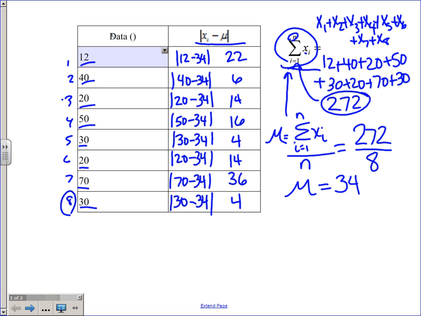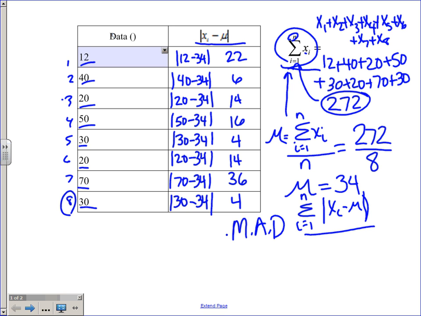Great. So now, in order to calculate my mean absolute deviation, the formula we had is we would be taking the summation from i equals 1 to n of the absolute value of my data point minus my average, which I've already calculated on that table.